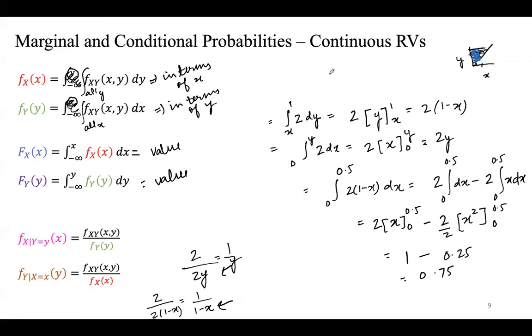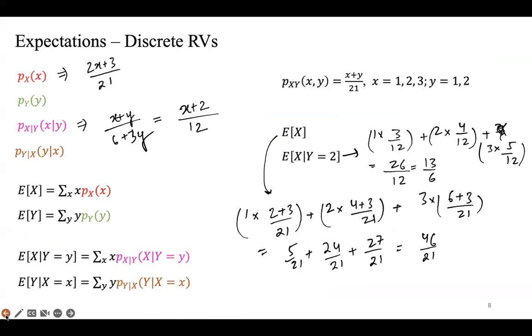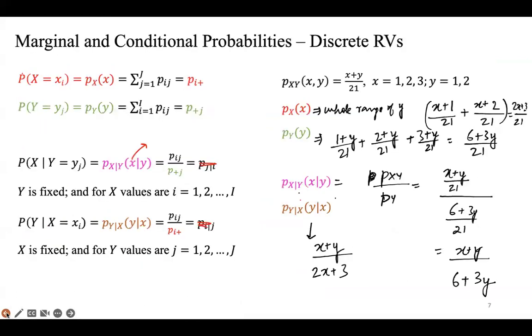So you were able to appreciate this one, right? The one for the discrete random variable. We calculate the marginal probability. So this was in terms of X, this one was in terms of Y, and then the conditional probability here states that Y is a certain value.